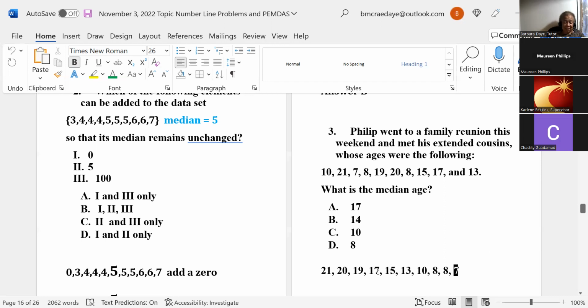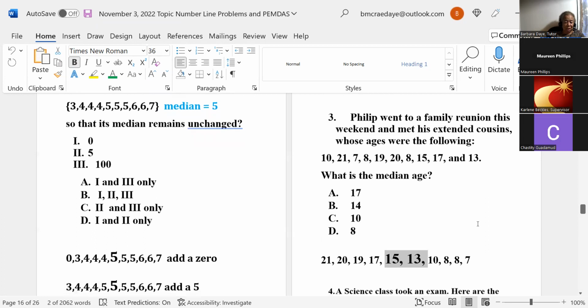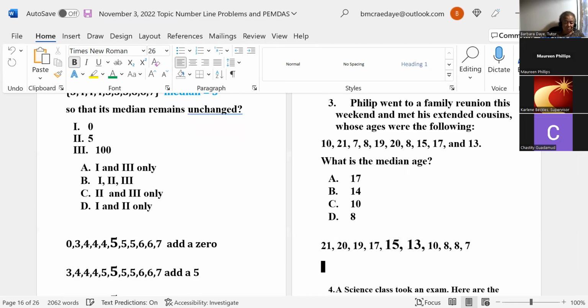That's it. Excellent. Okay. So those are the 2. Now get an average of those 2 numbers. What's an average of those 2 numbers? It means you add the 2 and divide by 2. So what do you get, Chastity? You just add the 15 and the 13 and divide it by 2.